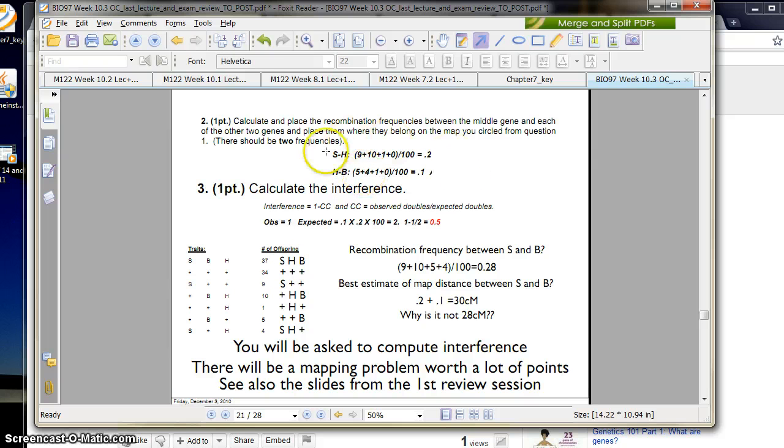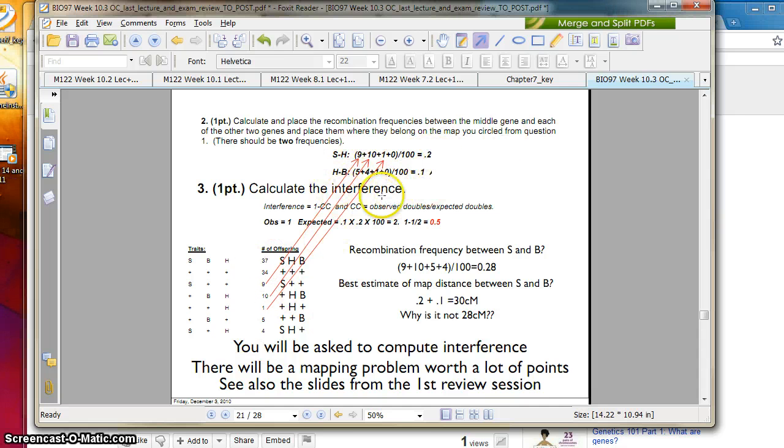Here's a cross between S and H. So if you had a cross between S and H, you would have S plus plus, which is what you see here, which is where the 9 comes from. You'll have a plus HB, because remember you wrote them down the correct way. Plus HB is what you see here, so this is where the 10 comes from. Then you have to count in your double recombinant, which is right here, and the 0 just comes because there's such a small sample size, you didn't get 2 recombinants. You do that all over 100, which is the total, you get 0.2.